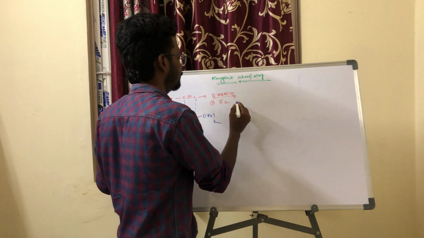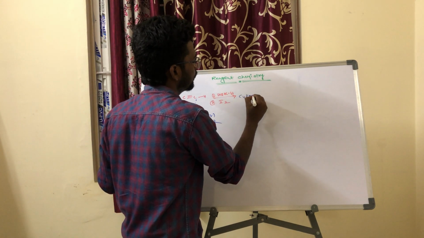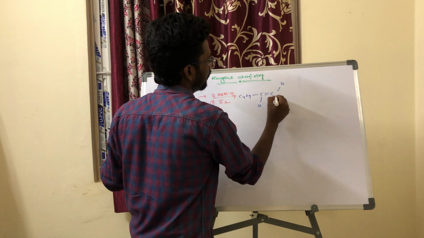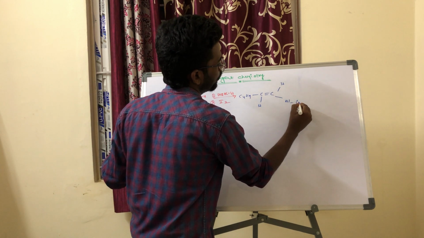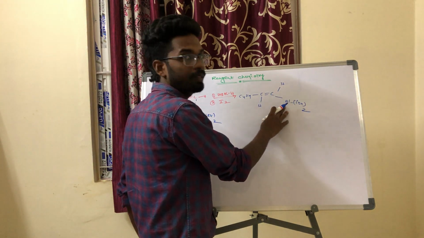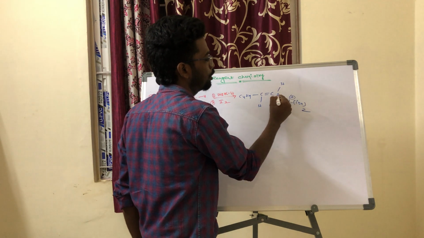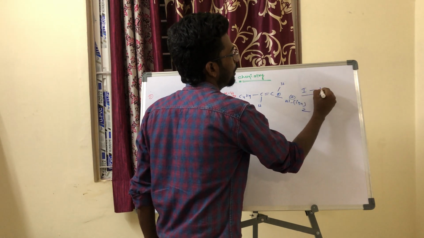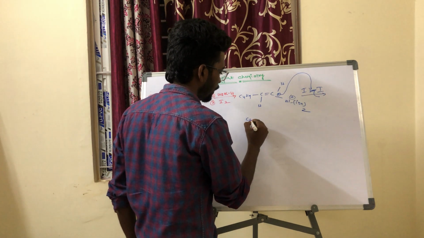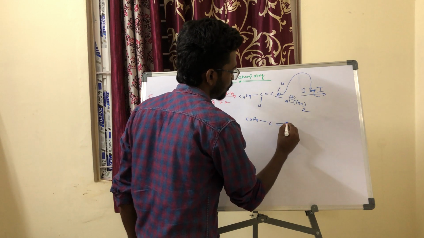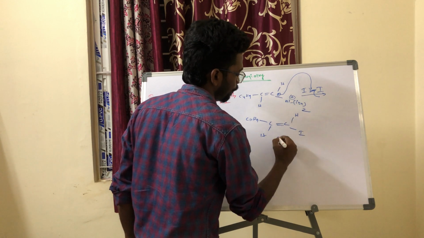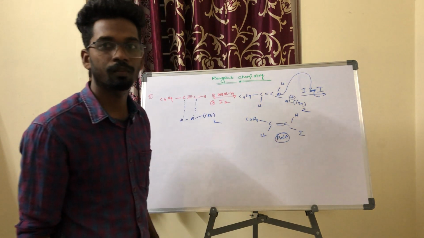We'll get C4H9 C double bond C, with H here, H here, and aluminium iBu2 here, right? Any carbon beside a metal gets a negative charge. With iodine, this negative charge attacks the iodine and one iodine leaves. So the final answer is the alkene. This is the product, am I right?